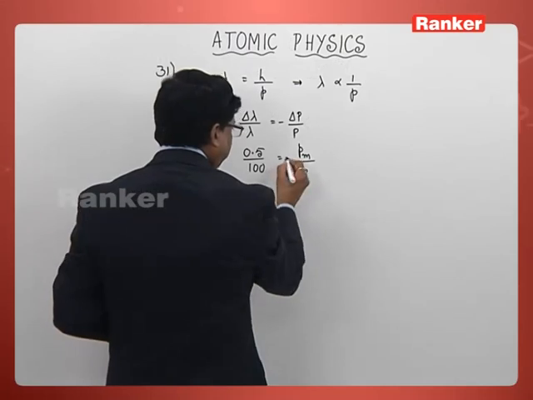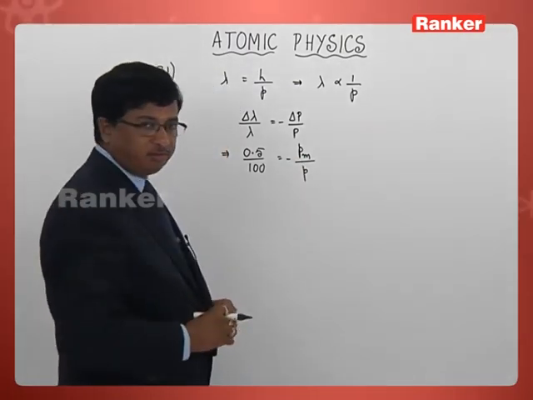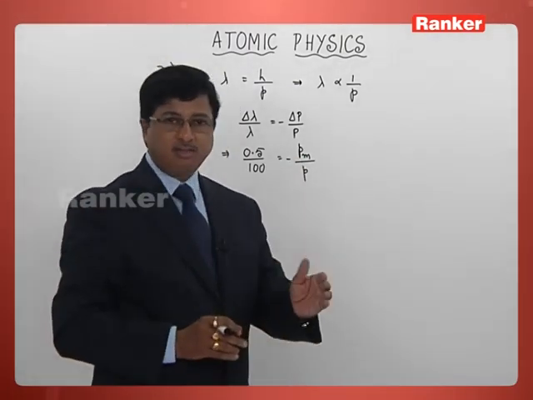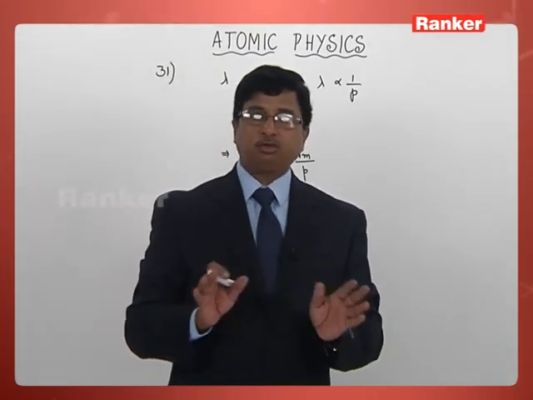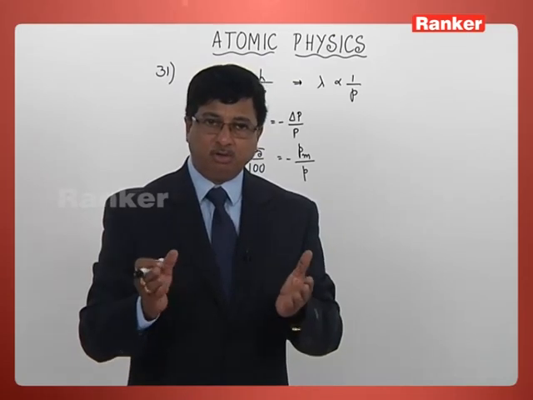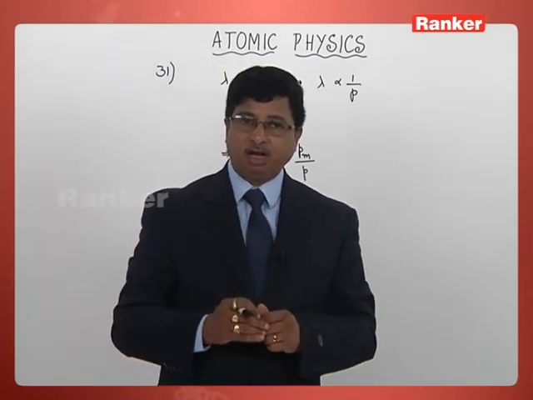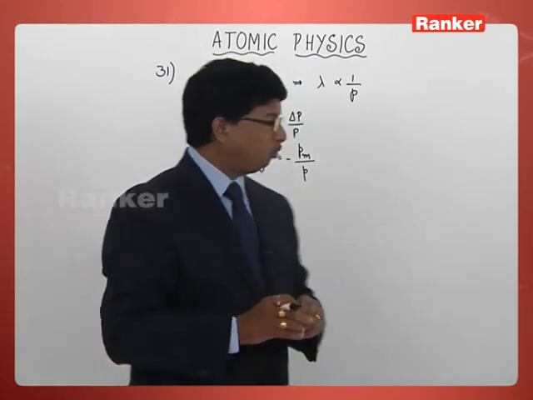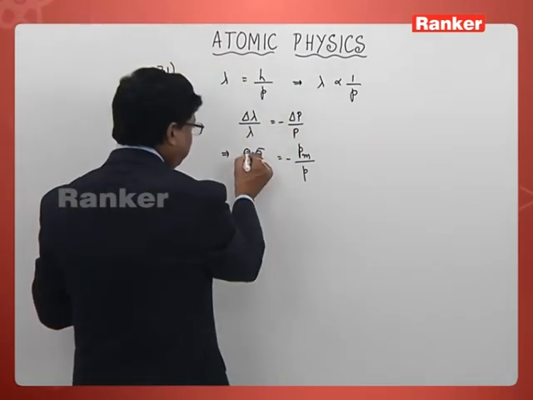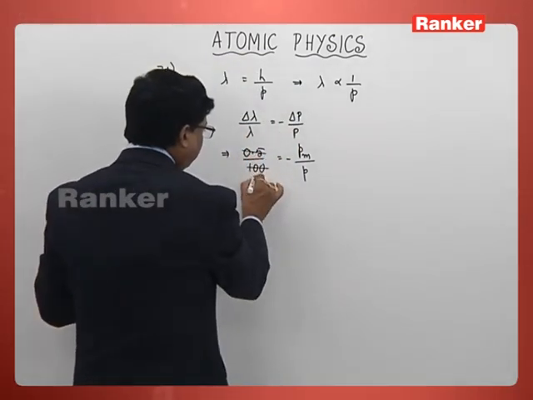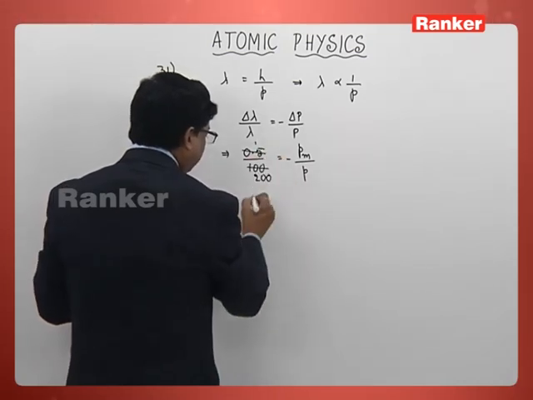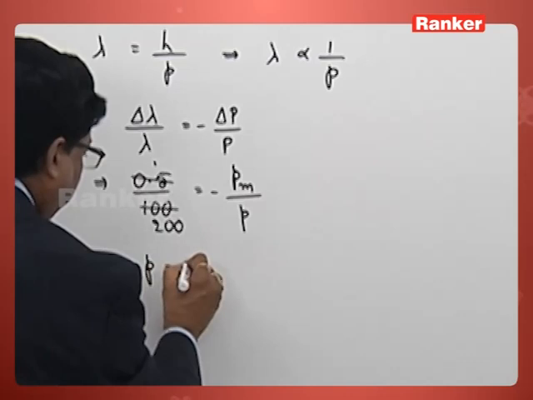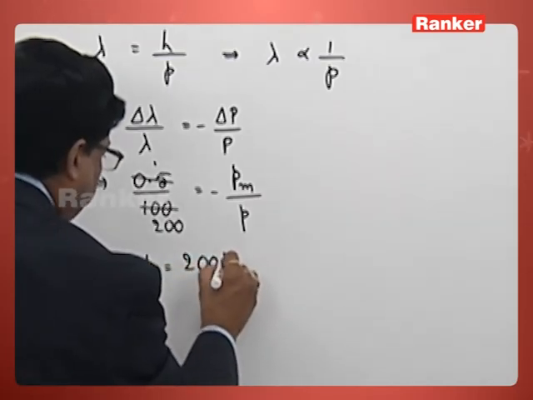In fact, that negative sign, what does it indicate? When one increases, the other one decreases, that's all. The relation between these two is an inverse relation. That is the only thing we can identify from that, nothing more. So this now goes exactly 200 times. What is now left over? P must be 200 times Pm.